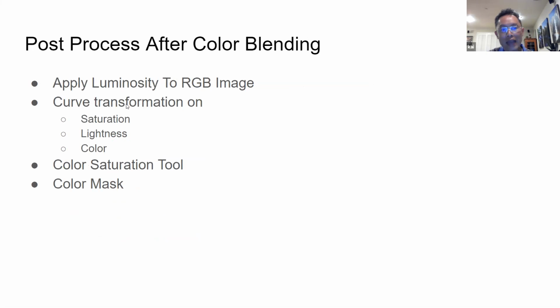You can saturate and accentuate the color by curve transformation. There are a whole bunch of tools, but I don't want to go through too much of that. Basically, once you get the basic structure, you can do a whole bunch of other stuff to make it look even better. So the sky's really the limit of how you come up with the images.